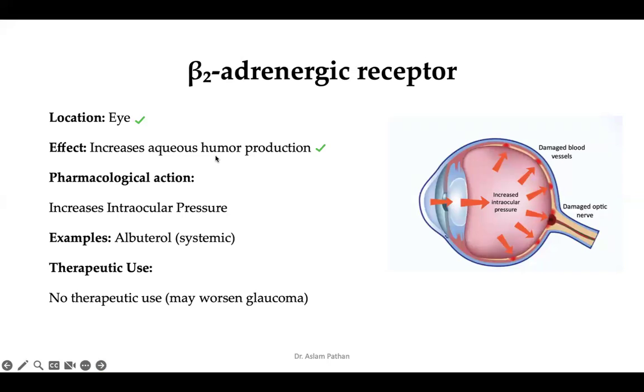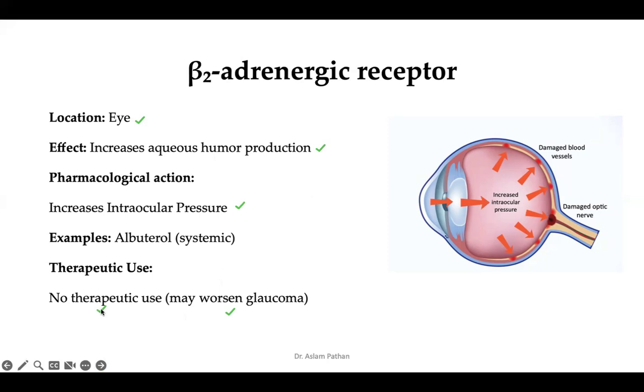If aqueous humor production is increased, that increases the intraocular pressure, and that may worsen the glaucoma, and therefore this activity is not useful clinically.